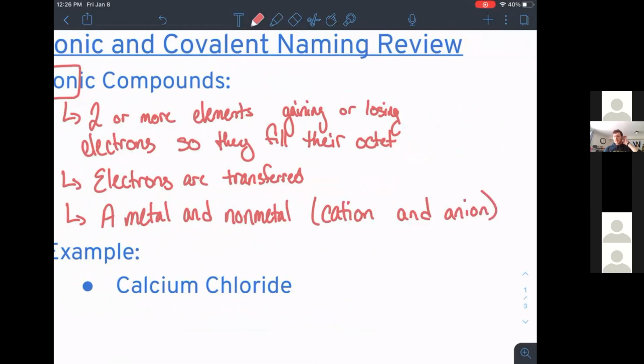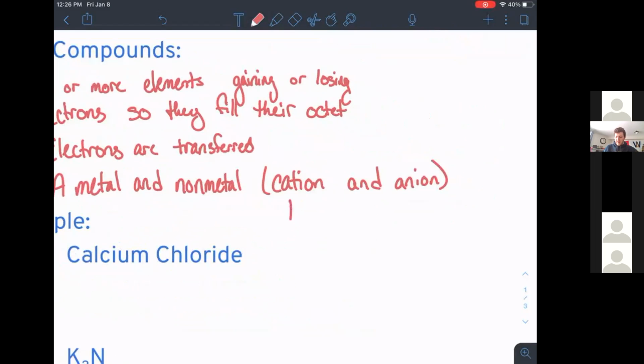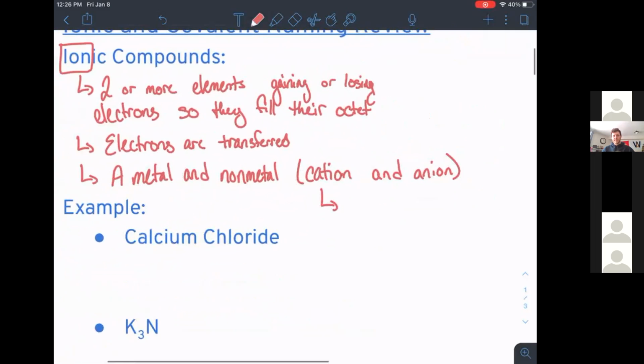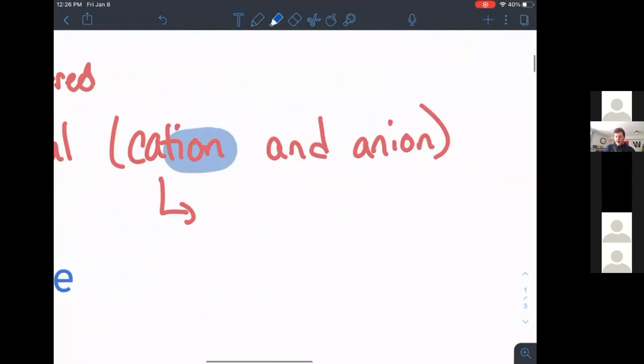Those are two words I'm hoping you guys remember. Let's remind each other what cations and anions are. Let's first look at the root of the word, the ion. These are both types of ions.